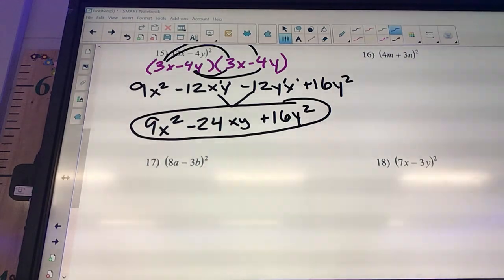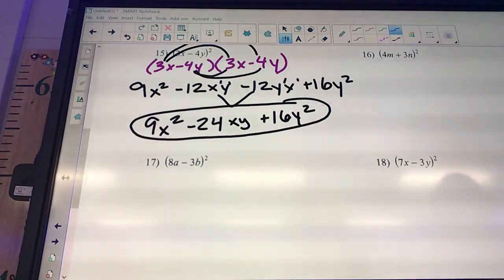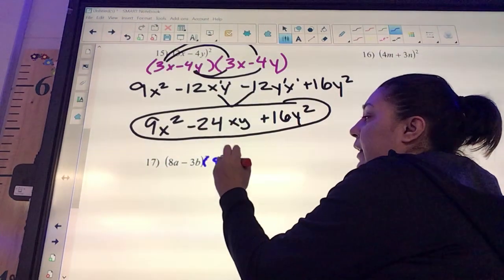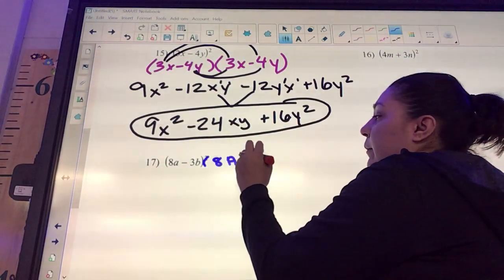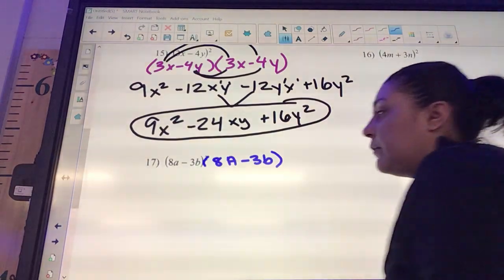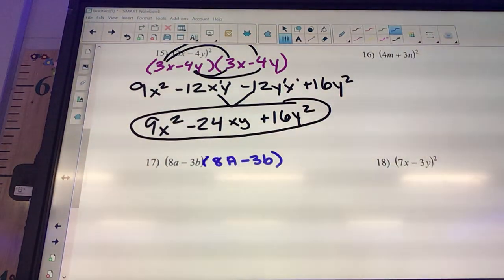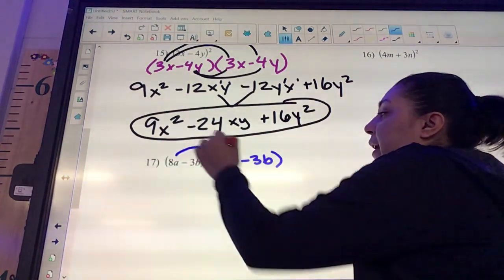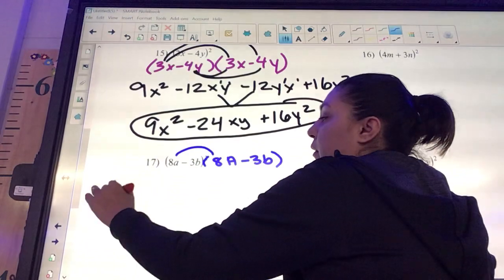Okay, so if we look at 17, it is also still squared, so we can just draw it and write it again. 8a, I wrote my a funny, but minus 3b. Okay, and then we can go through and distribute. So 8 times 8, 64.